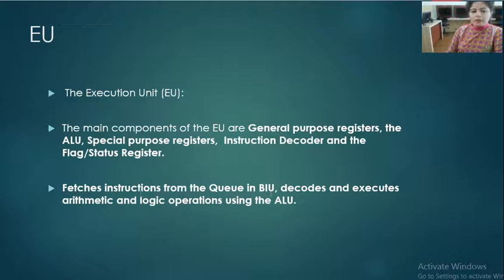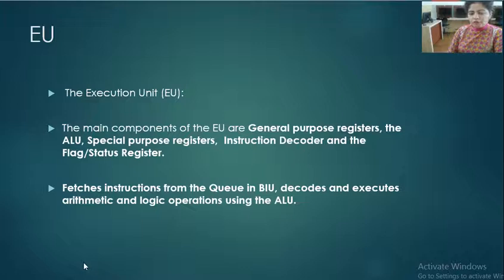I hope you people know that whenever the processor has to execute any instruction, first of all the processor has to fetch that instruction. It means it has to fetch the data. Then after that it has to decode the instruction. Decode means the processor understands what it has to do or what it has to perform, and after that it executes the instruction.